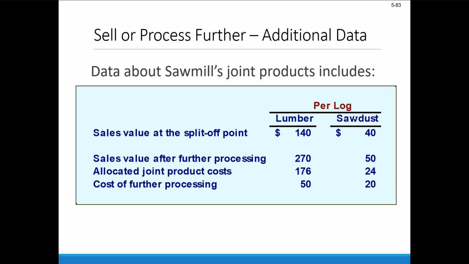Sawdust is $40. The sales value after some further processing would be finished lumber $270, the Presto logs $50. The allocated joint product costs are $176 and $24 respectively for the lumber and sawdust. And the cost of the further processing after the split off there, $50 for the lumber, $20 for the sawdust.